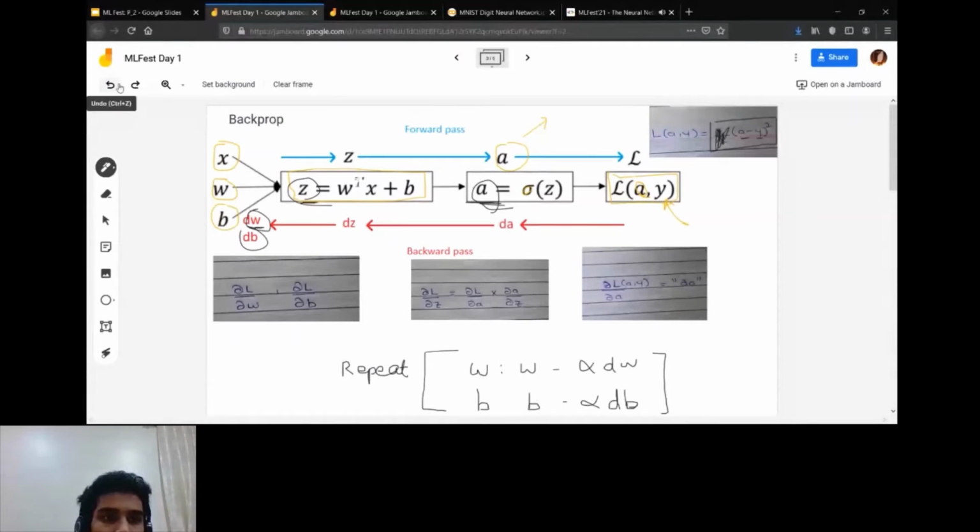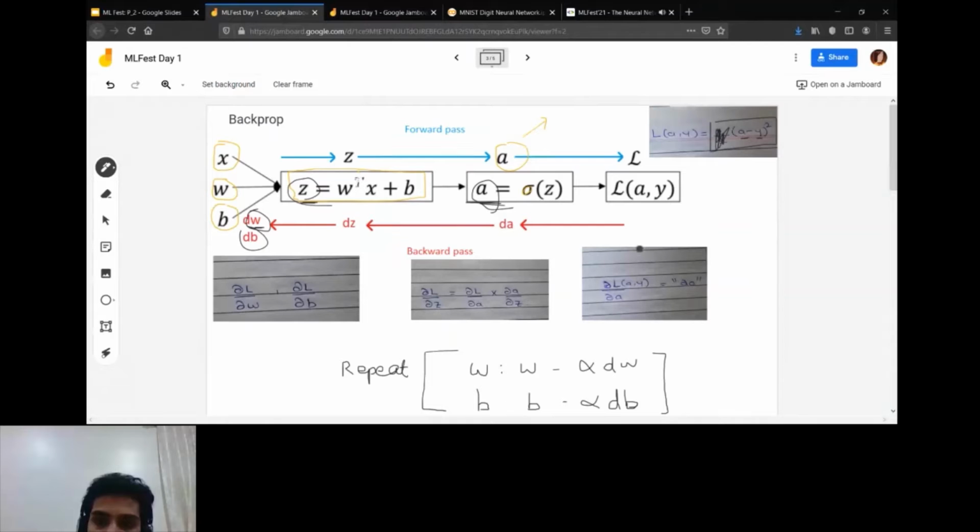What was our aim earlier? We started backpropagation by saying it is the way of changing the weights which we had randomly initialized. This is our loss, and we wanted to minimize it. The way we minimize any function is by differentiating it.